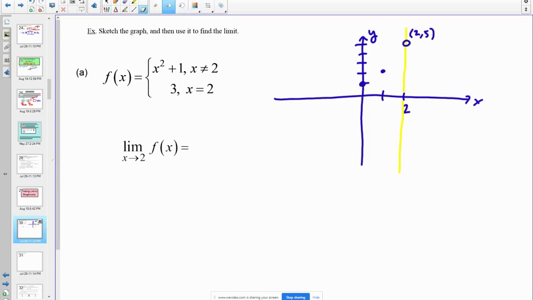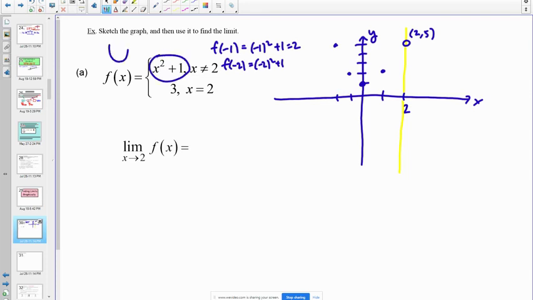When x is equal to negative 1, I'll have negative 1 squared plus 1, so that's equal to 2. And if x is equal to negative 2, I'll get negative 2 squared plus 1, which is 5, so that's up here. And I know what this function looks like. It's x squared plus 1, right? So it's an x squared graph shifted up 1. So I'm going to go ahead and sketch this.